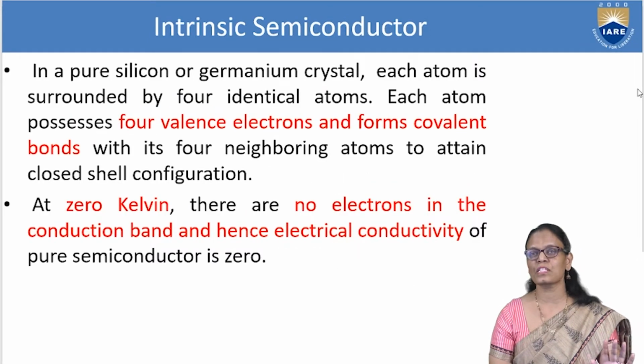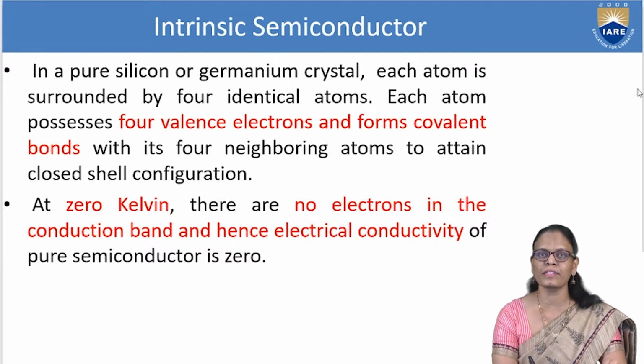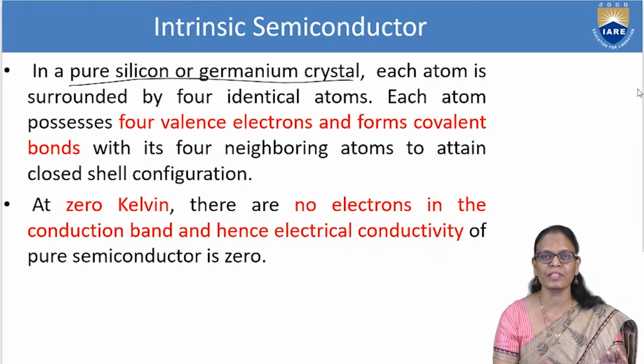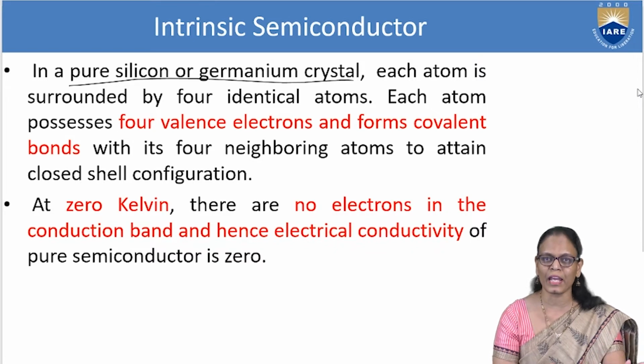So now, first we will see how the energy band diagram is for an intrinsic semiconductor. So what is an intrinsic semiconductor? It is a pure semiconductor. Intrinsic always denotes pure semiconductor. Pure semiconductor means all the atoms in the crystal belong to the same element.